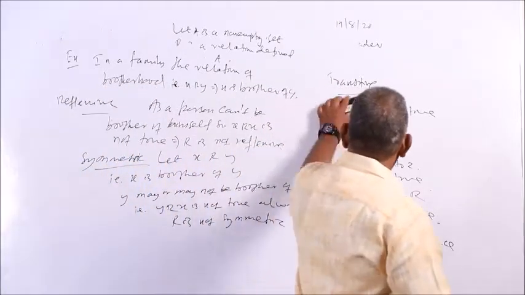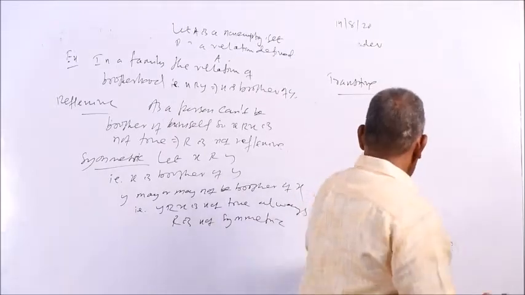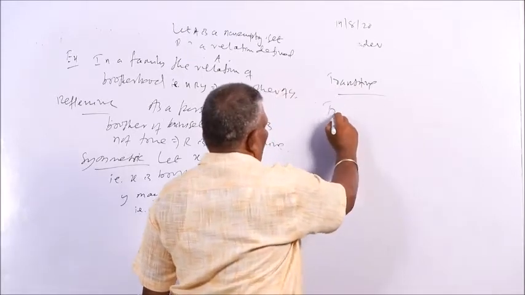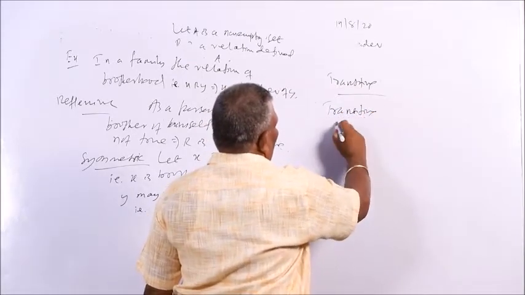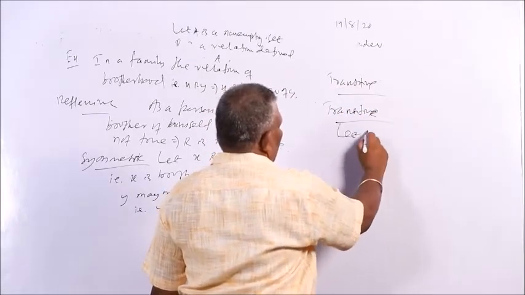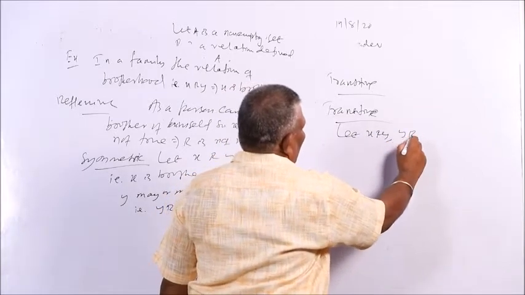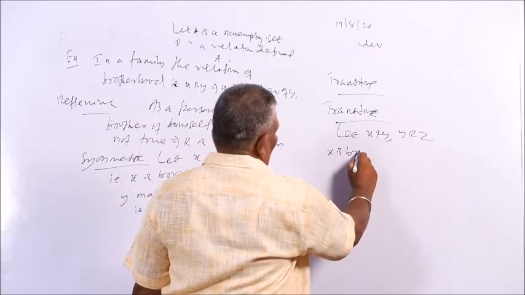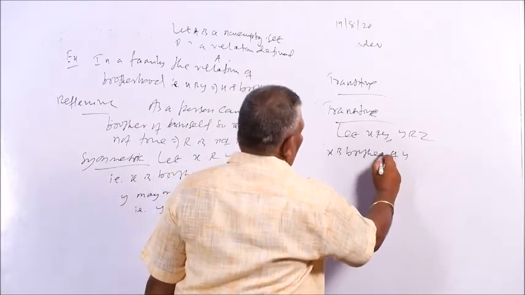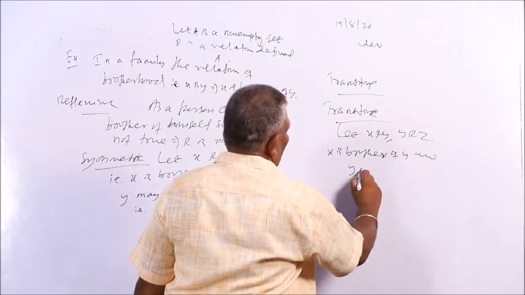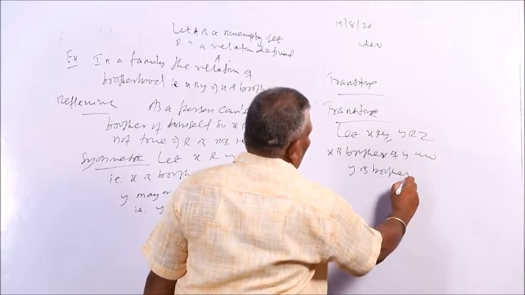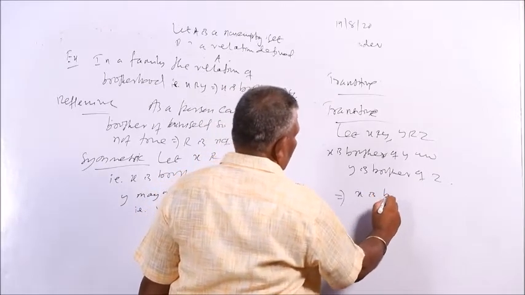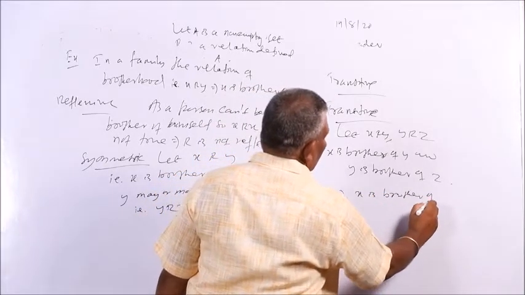What about transitive? Let x be related to y and y related to z. That is, x is brother of y and y is brother of z. That implies x is brother of z.